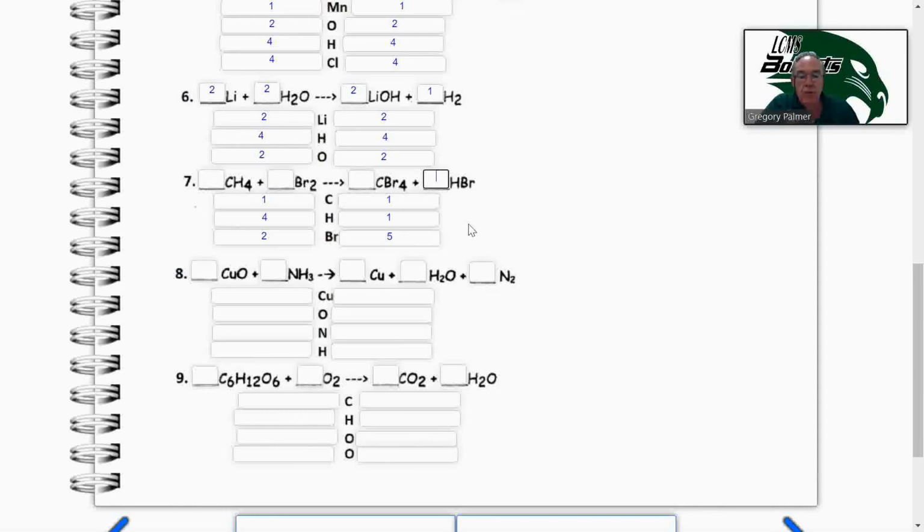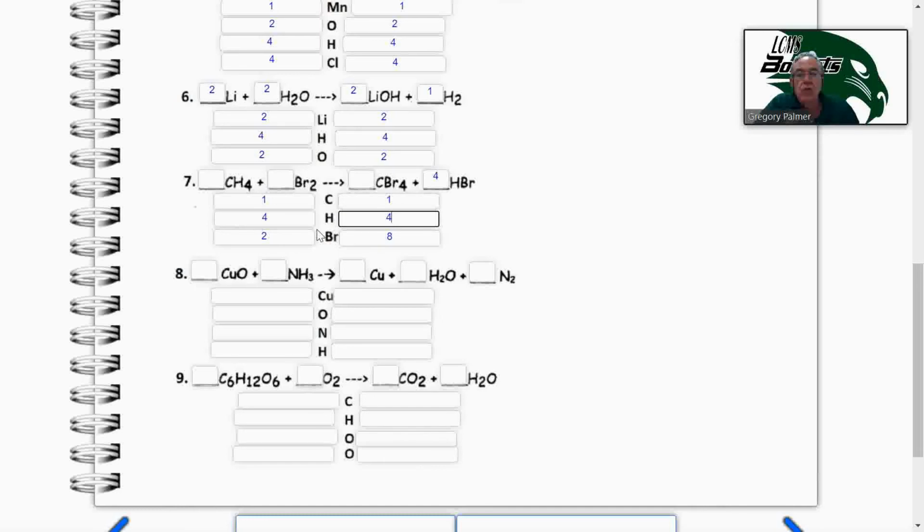So I'm going to try putting a 2 in front of this. Also, I see that I have 4 hydrogens over here, and I haven't got but 1 here, so I really need to bump this all the way up to 4. When I do that, I have 4 bromines here, and now I have 4 bromines here, so that's going to make this an 8. And then I have 4 hydrogens now.